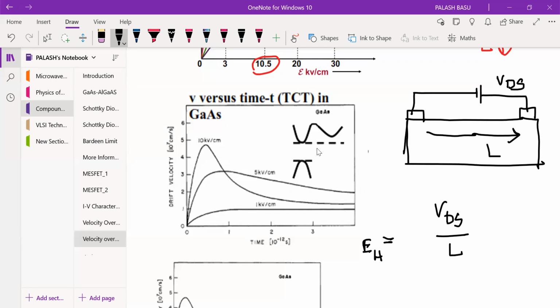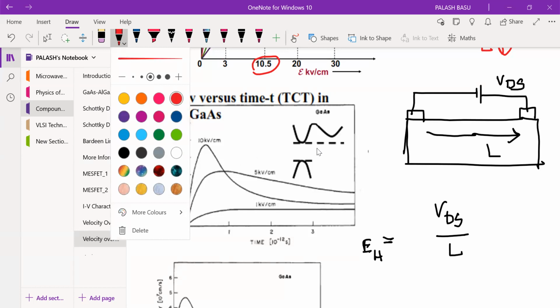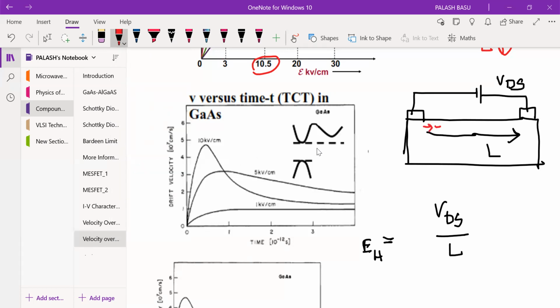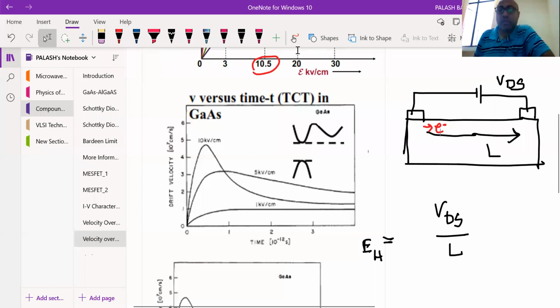I mean to say, the moment one electron comes out from the source, immediately it feels huge velocity. Suppose you have one electron which is coming out from the source. The moment it comes out from the source, immediately it feels huge velocity. Why? How?